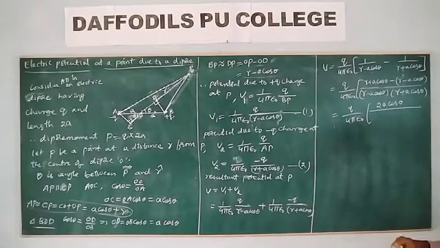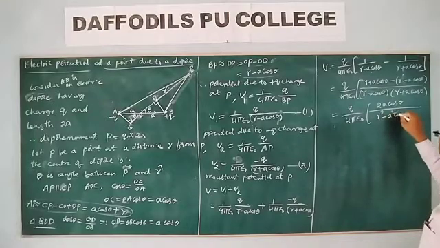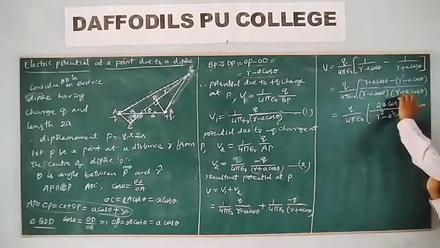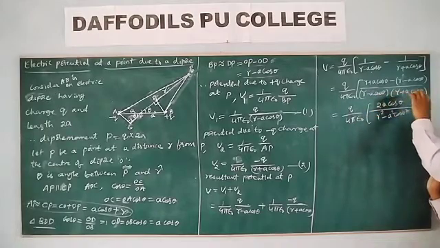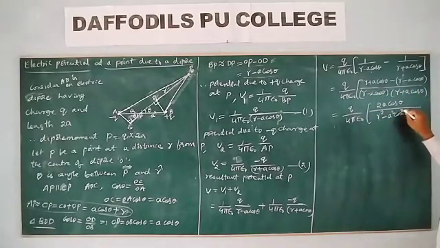What do you get? a square minus b square. That means R square minus a square cos square theta.